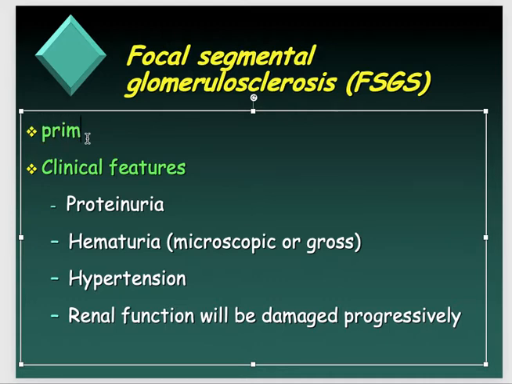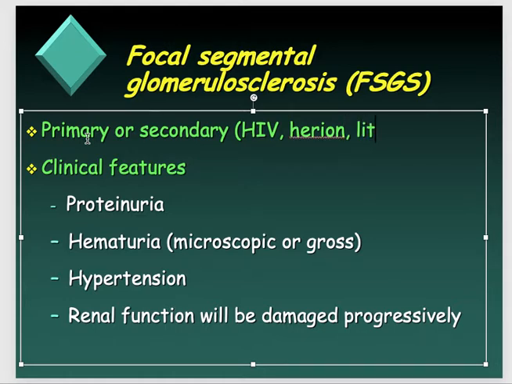It could be primary, or you can say idiopathic, or it could be secondary. Whenever it is secondary, it is in association with, or secondary to, patients who have HIV, who abuse heroin, who use lithium. So lithium is a very important drug, see.